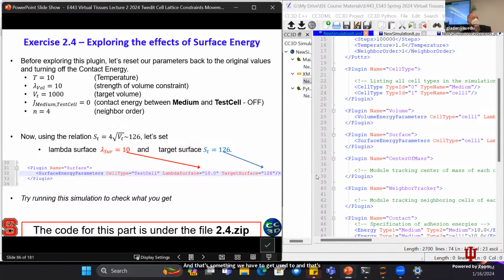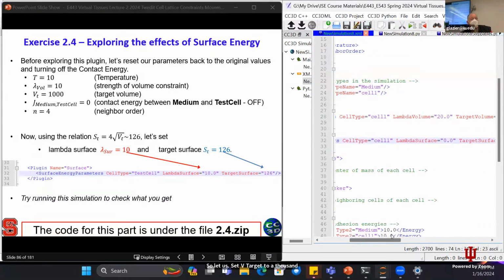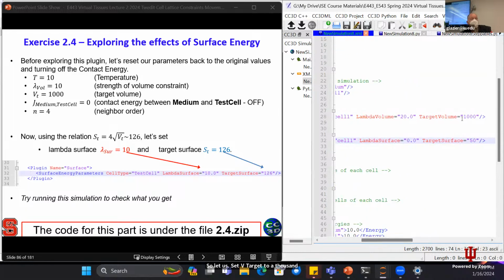So now let's change the surface constraint. So let us set V target to 1,000. Which we have here. Let's let lambda volume be 10 here. Let's set the contact energy, which we haven't really talked about yet.